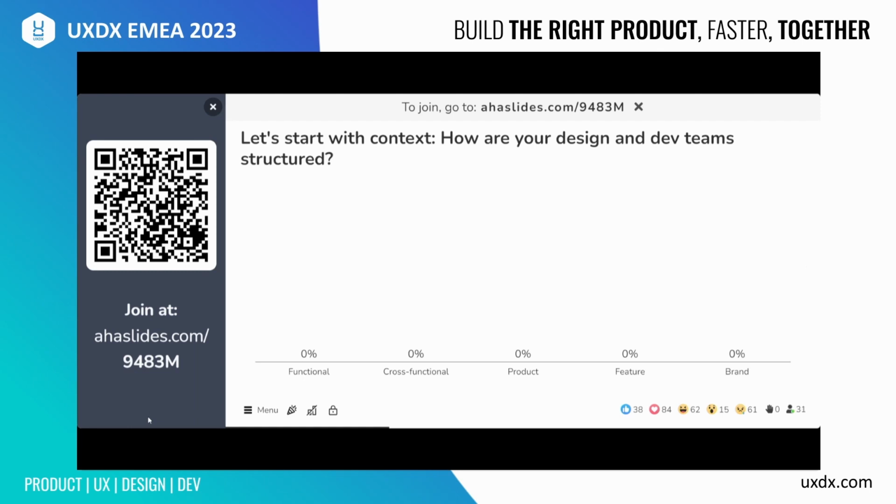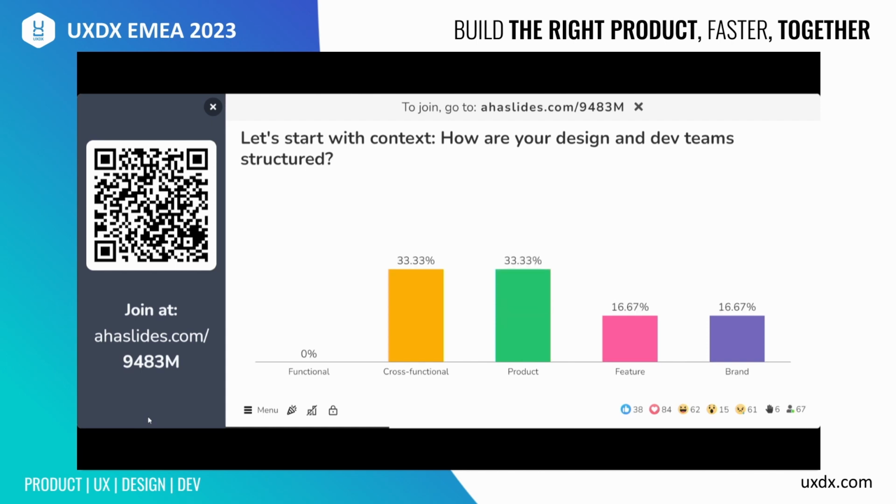So the first question we're going to ask, just for a bit of context here, is to understand how your design and dev teams are structured. This is different and unique across a lot of organizations. You might do it by product if you have a multiple product strategy.